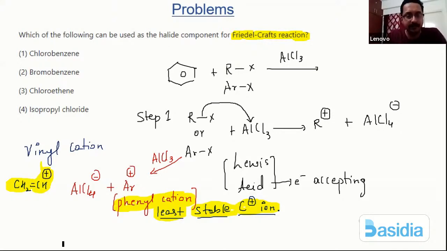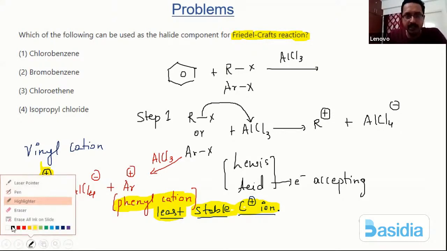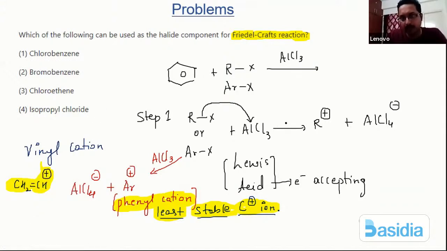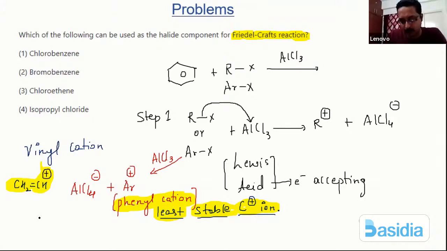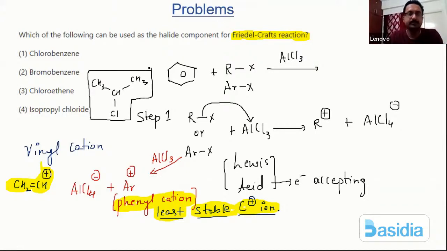But if you check isopropyl chloride, what exactly is happening? How many of you can give me the isopropyl chloride structure quickly? So if you check the structure, isopropyl, you have a CH3, you have a CH, then you have a CH3 and a Cl over here. So this is your isopropyl chloride structure.